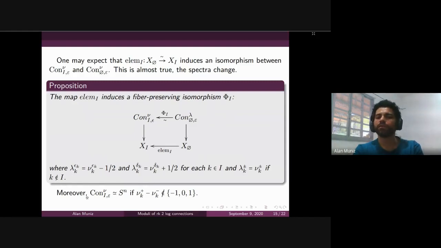So we have the isomorphism if the difference between the nu is not equal to one of these numbers, -1, 0, or 1. Here comes our second or third assumption on these eigenvalues.